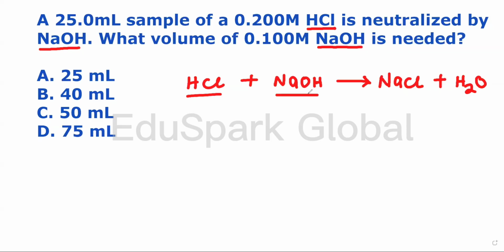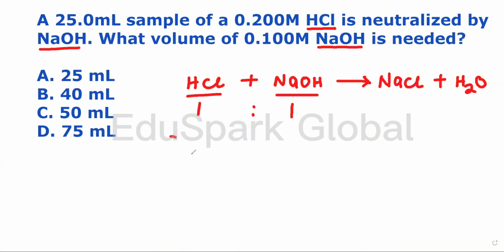The simplest way to solve this question is to check the ratio between HCl and sodium hydroxide, and we can see that they are in a 1:1 ratio. When your acid and base are in a 1:1 ratio, the best equation to use is MaVa equals MbVb, or CaVa equals CbVb.